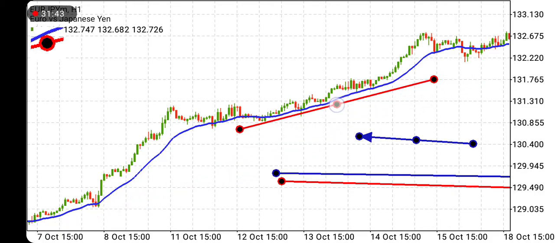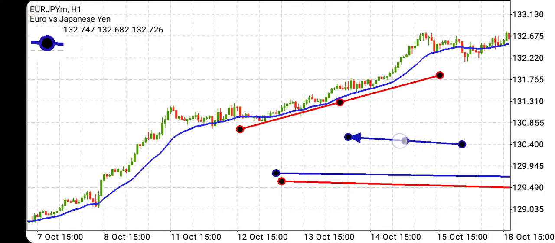If I increase the size of my candles, you will see it clearly, but sometimes decreasing it becomes a problem, so I always maintain it like this. You have already drawn your trend line. Once the price is about to hit it or hits it, you see a formation.